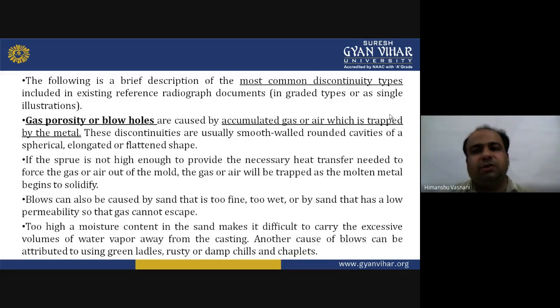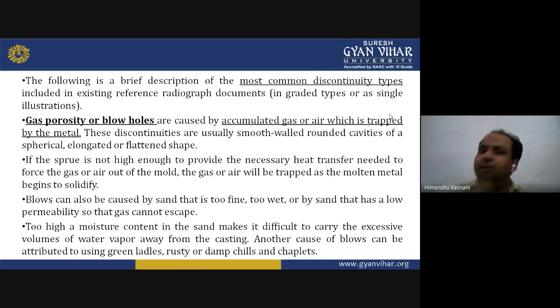So the most common discontinuity types that have been included in the existing reference radiograph document. The first one is gas porosity or blowholes. This is caused by accumulated gas or air which is trapped by the metal.